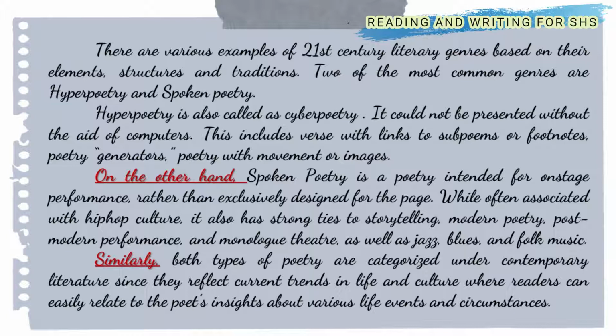Similarly, both types of poetry are categorized under contemporary literature since they reflect current trends in life and culture where readers can easily relate to the poet's insights about various life's events and circumstances.